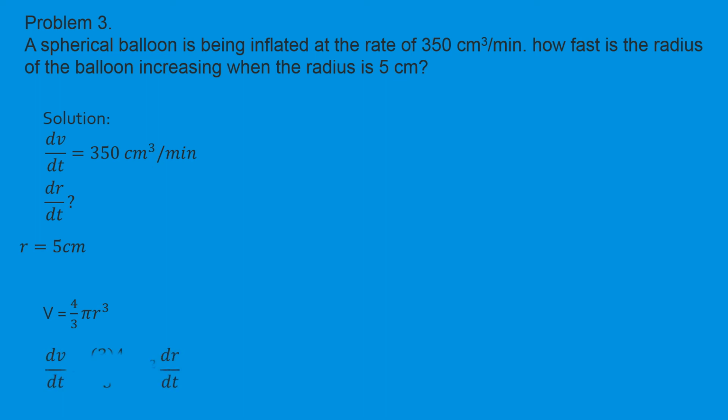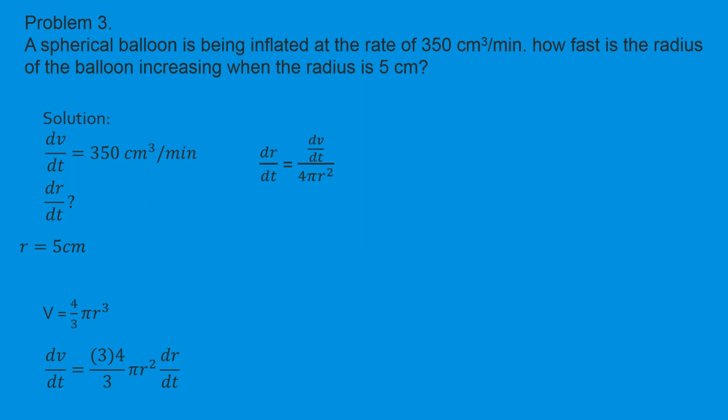Okay? So the derivative is dV over dt is equal to 3, because we multiplied the exponent to its base. So we have 3 times 4 over 3 pi r squared, because the exponent is subtracted by 1, so it becomes 2. Then as we get the derivative of r cubed, we will also write down dr over dt.